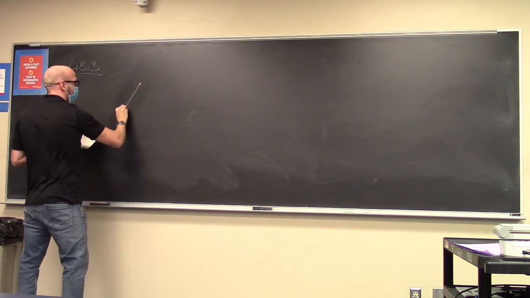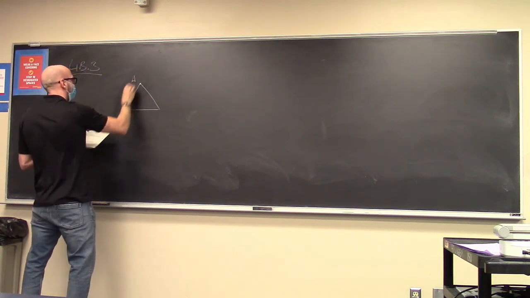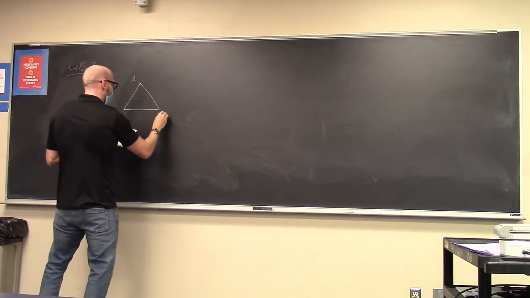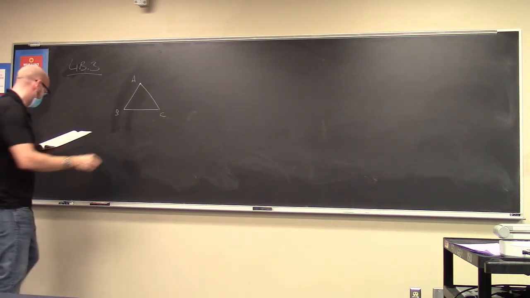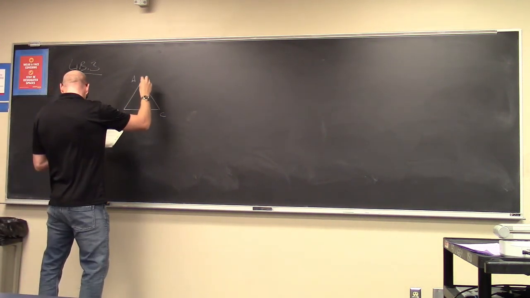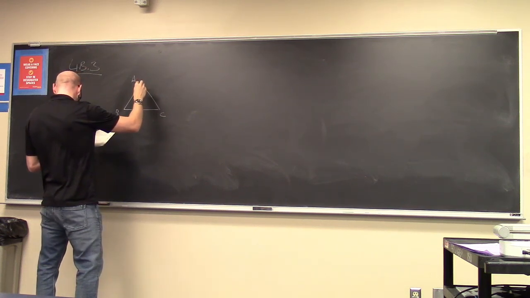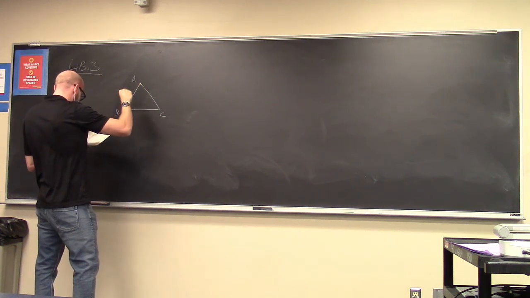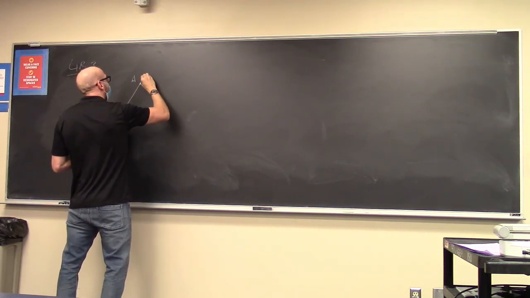All right, I have a triangle A, B, C, and I have CR and BQ. So I have these three Chevians.